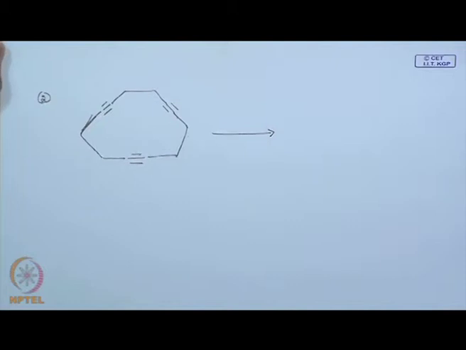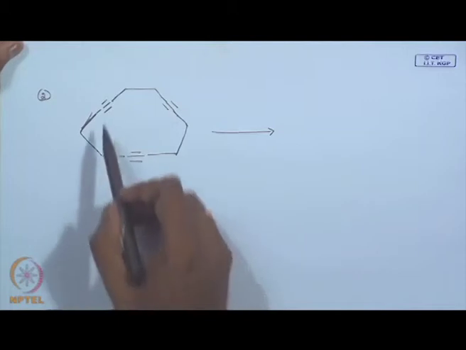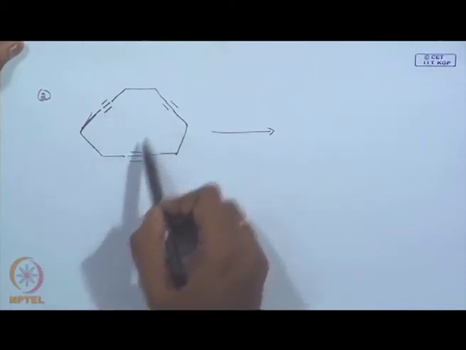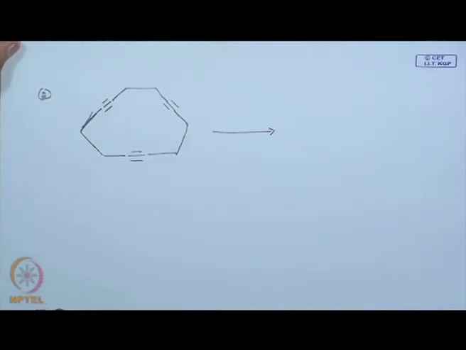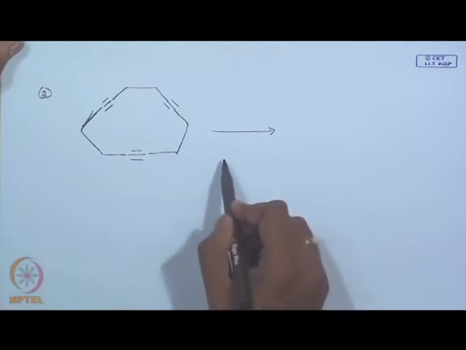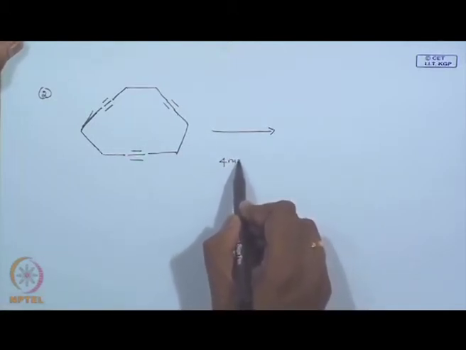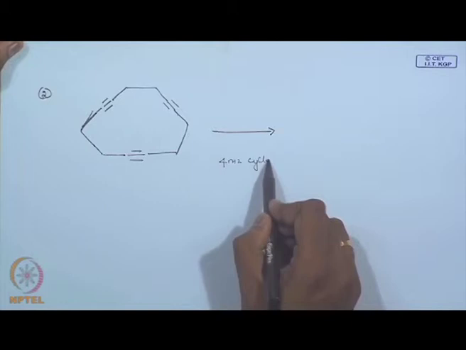What can this do? Any idea? Anyone? See, if you see this pi electron 2, 2, 2, what is that? It is a 4n plus 2 system. Okay, it can do 4n plus 2 type of cycloaddition.